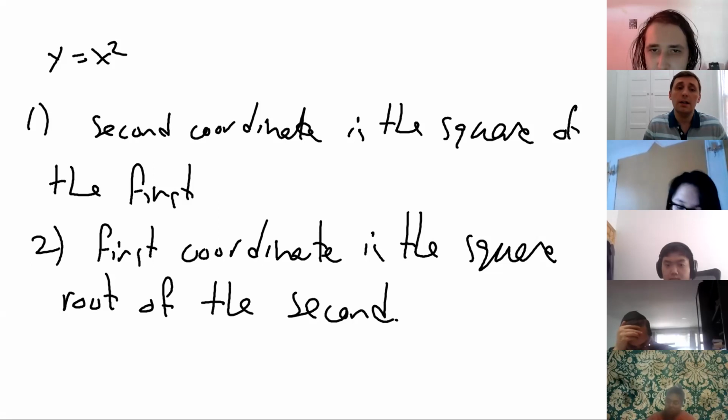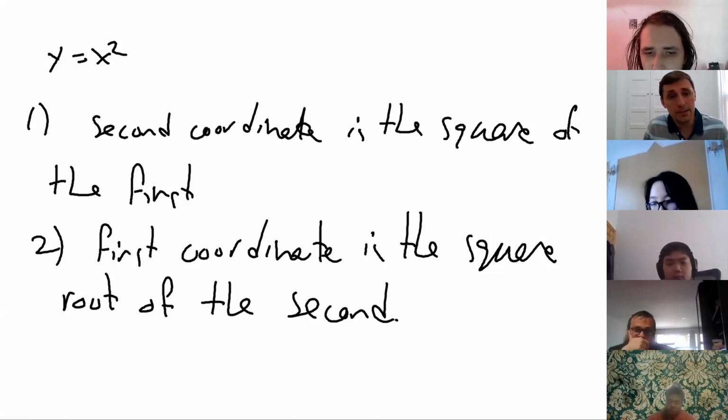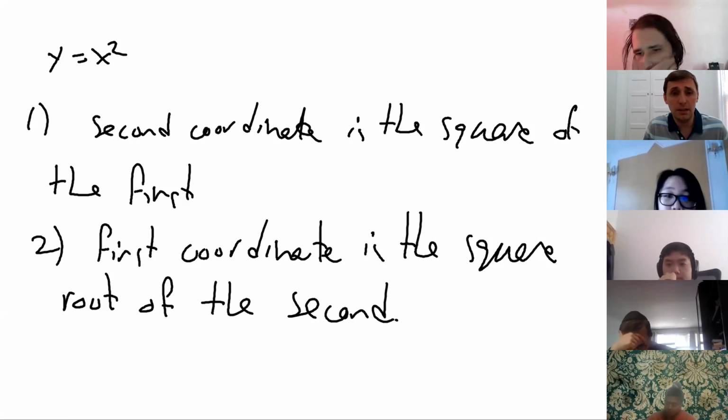You understand? For the second, I view the first coordinate from the perspective of the second coordinate. And for the first, I see the second coordinate from the perspective of the first. Do you understand? So being able to understand inverse functions is very similar to being able to place yourself in the shoes of a different person, which I think very few people are trying to do.